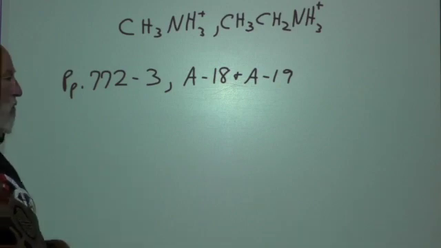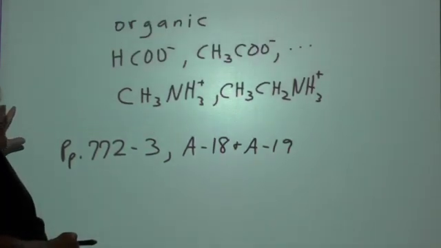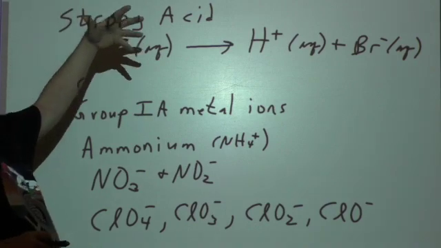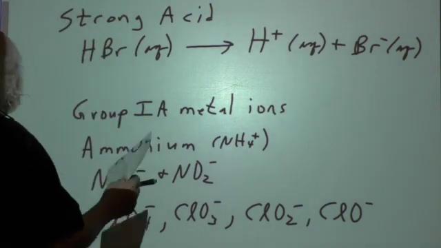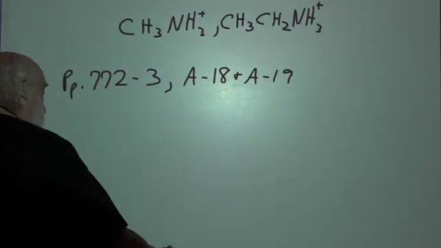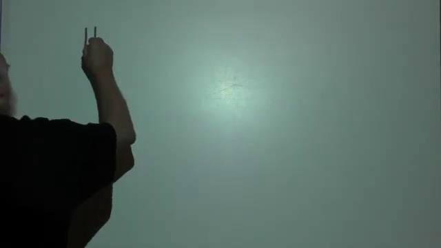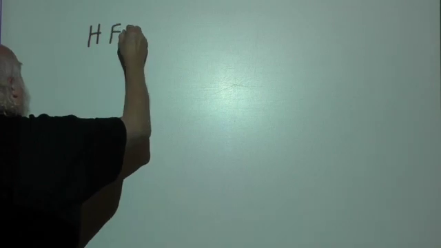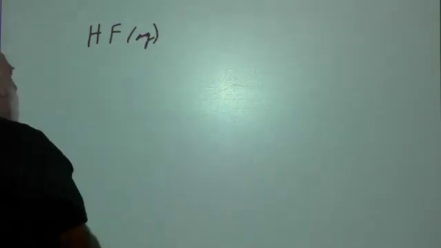So how do you represent that? Well, it's going to be analogous to the weak acid. Now let's try to remember what weak acids do. Let's take hydrofluoric acid. Hydrofluoric acid is HF.